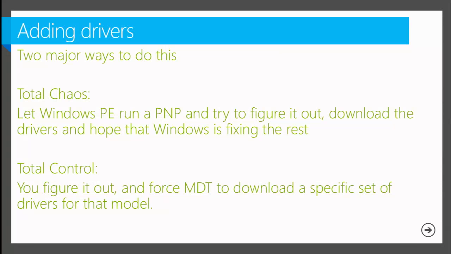Anybody heard of something called two-tier drivers? A two-tier driver is a driver for the USB bus. When that driver is loaded, it discovers another device, and that needs another driver. When WinPE does a plug-and-play scan, it doesn't load any drivers.